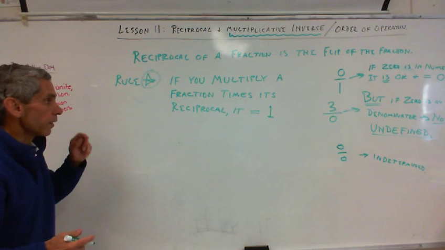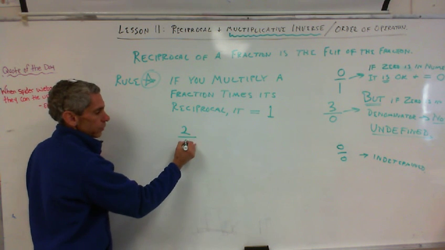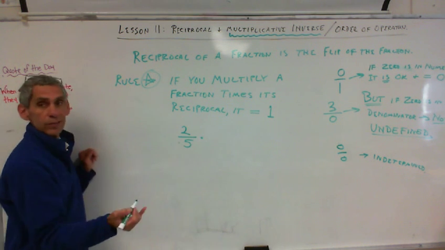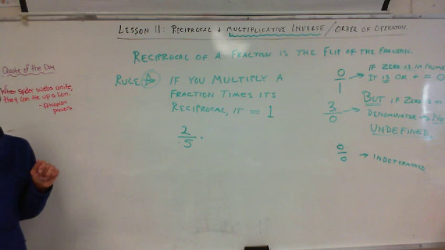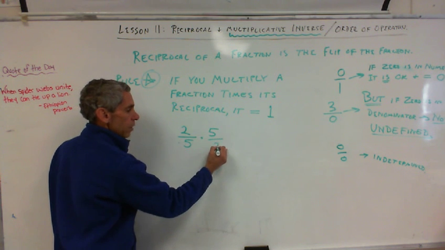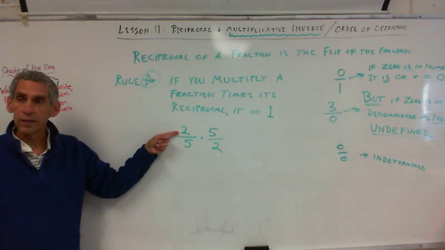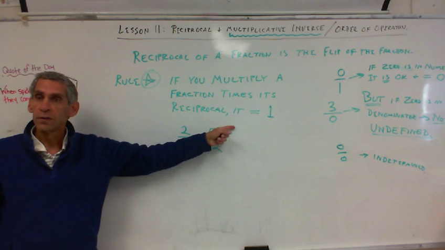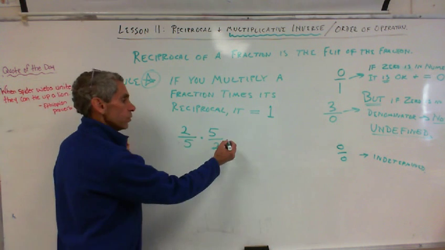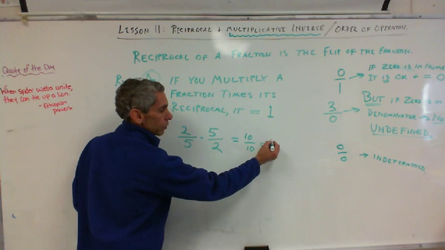Let's think about that. 2/5 times its reciprocal, which is 5 over 2. You could do the old-fashioned way, which I don't like, which is 2 times 5 is 10 over 5 times 2 is 10, so 10 over 10, and 10 over 10 is equal to 1.